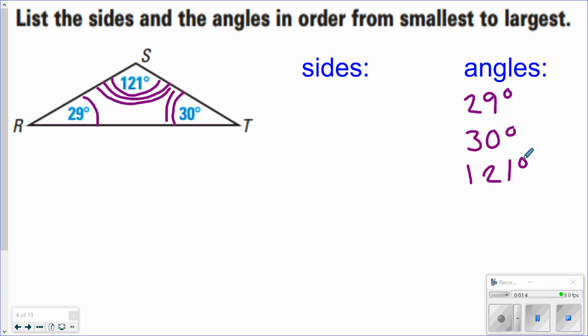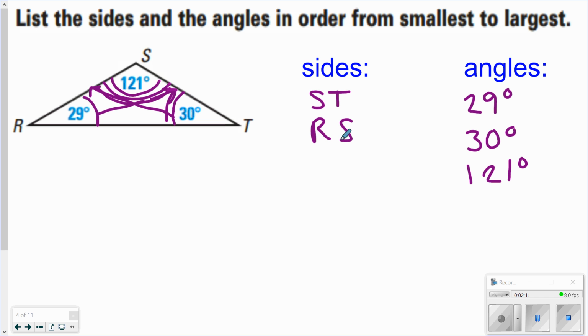So now let's figure out what the sides are. The smallest side is opposite of the smallest angle. So if I find my smallest angle, which we said was 29, the opposite side is ST. So ST is the shortest side. 30 is our medium size angle, which means RS is going to be the next side.